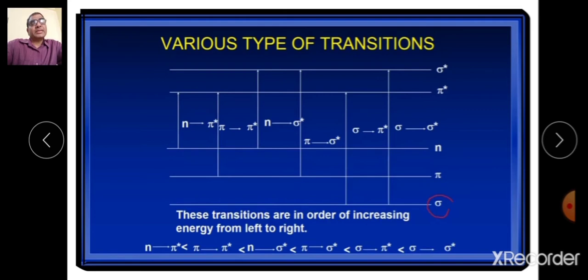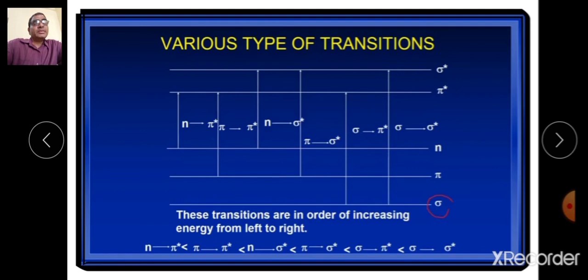And therefore see what is the order of the transitions requiring energy. The first, lowest energy transition is n to pi star, then energy increasing for pi to pi star, then higher energy is also required for n to sigma star. The next transition occurring at higher energy is pi to sigma star.